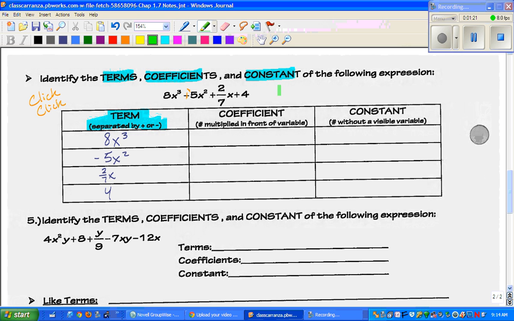Now, a coefficient is a number multiplied in front of the variable. So my coefficient for 8x cubed is the 8. My coefficient for the next one is the negative 5.